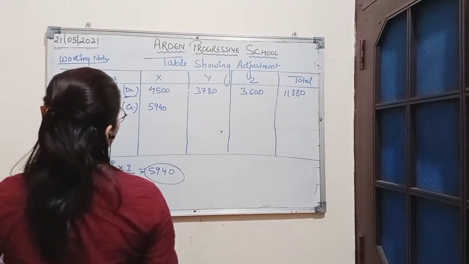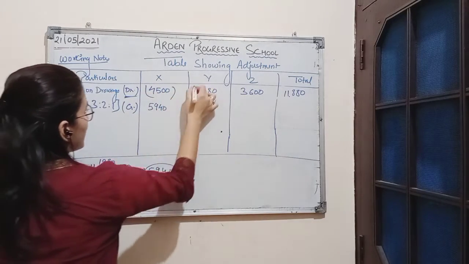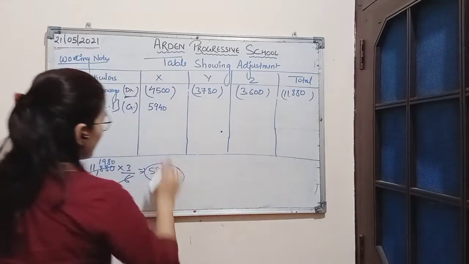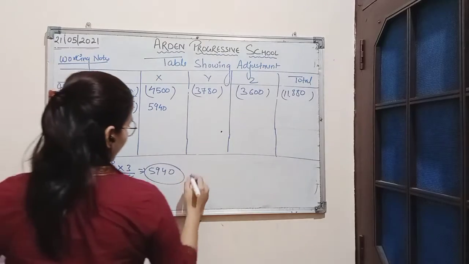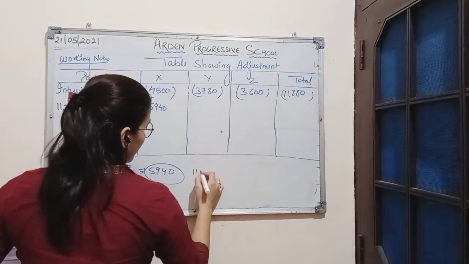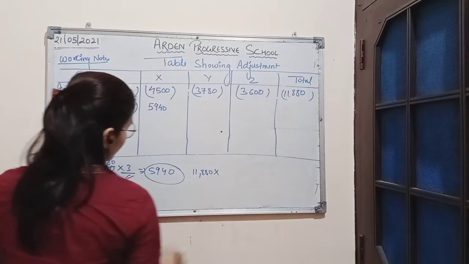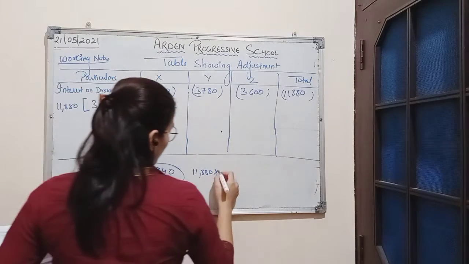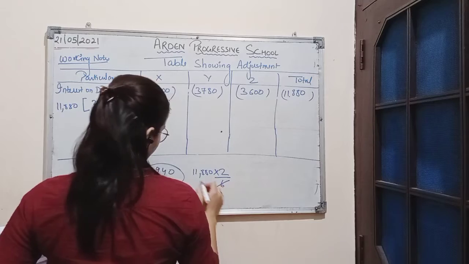Next we have, as it is a debit amount, that means it is a negative value. Next we have Y. So total amount is 11,880 multiplied by share of Y is 2. 2 divided by 6.